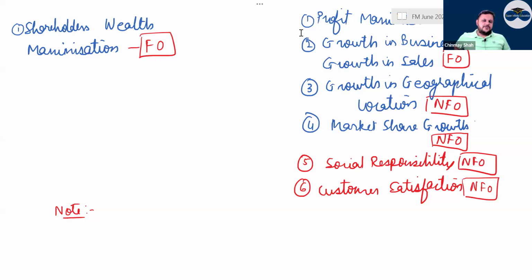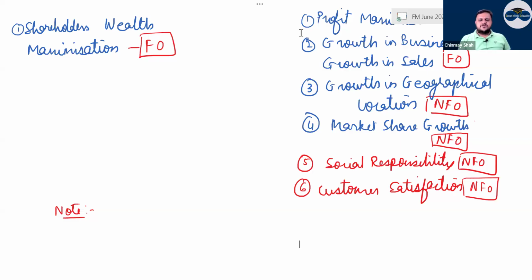I am not saying that it will not. I am saying not always. Not always means what? Sometimes it may and sometimes it may not. Profit maximization may not always lead to shareholder wealth maximization.